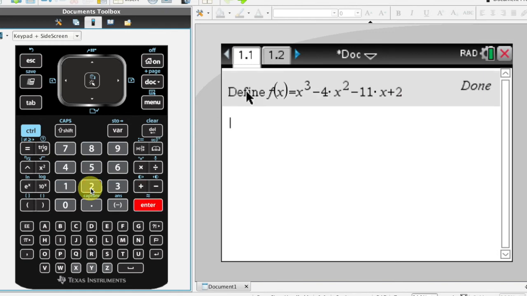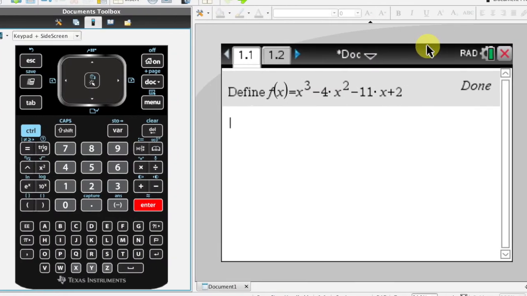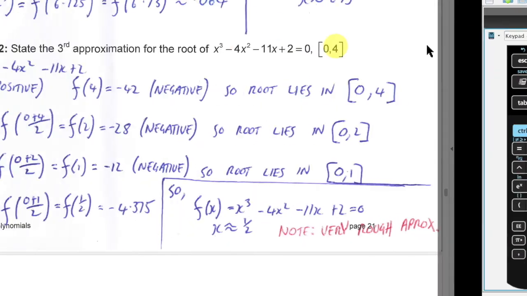It's defined. Looking back at the problem, there's my cubic, and I'm interested in what is positive and negative. So f of 0, I know that it produces a positive, and f of 4 produces a negative, but how did I do it? So it's just f of 0 gives me a positive, f of 4 produces that negative.